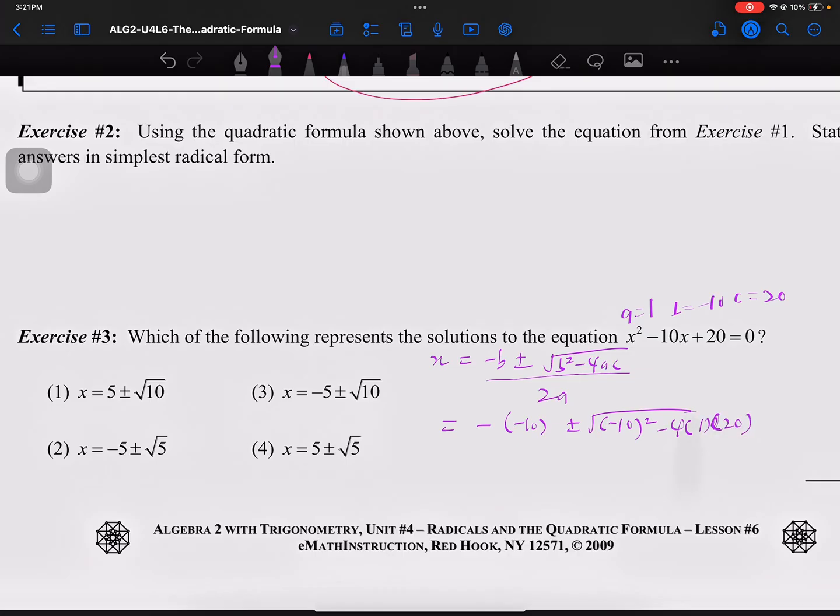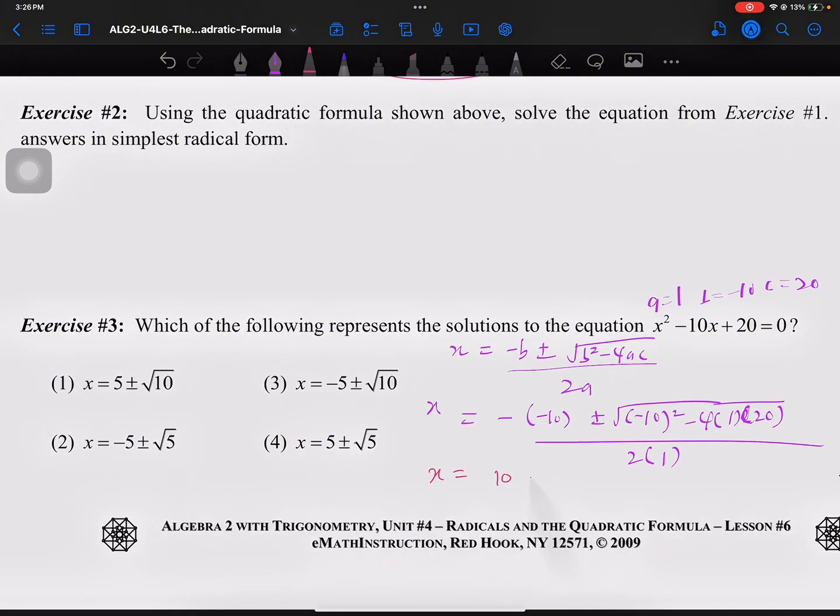So a is 1, c is 20, and then solve inside the root. It will become 100 minus 80 over 2. So this is also 10 plus minus root 20 over 2. If you remember, root 20 you can make smaller by root 4 times 5. So root 4 times root 5 is 2 root 5.